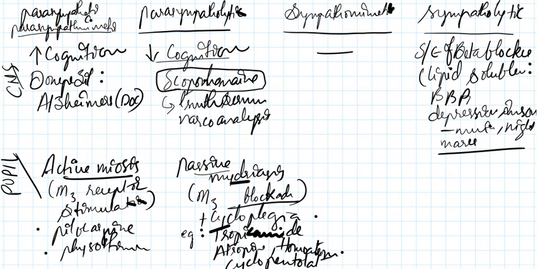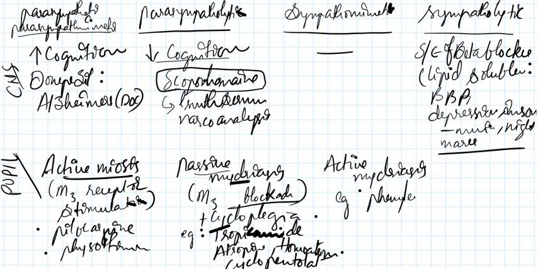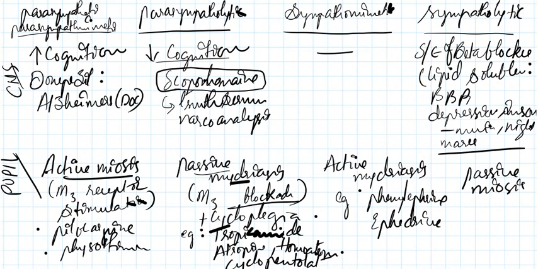Now sympathomimetics cause active mydriasis. Example drugs are phenylephrine and ephedrine. Sympatholytic drugs cause passive miosis.